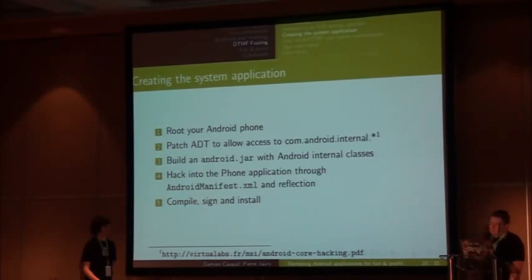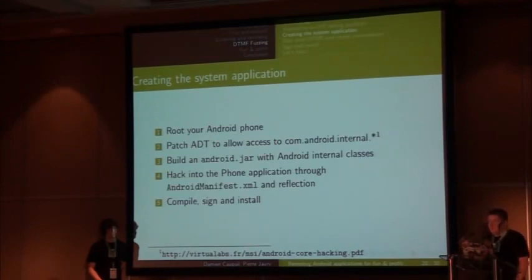Second, you have to patch ADT. ADT is a plugin for Eclipse. Maybe there are some developers over there that use this plugin and the Eclipse IDE. And this plugin has some rules that deny access to com.android.internal.*.